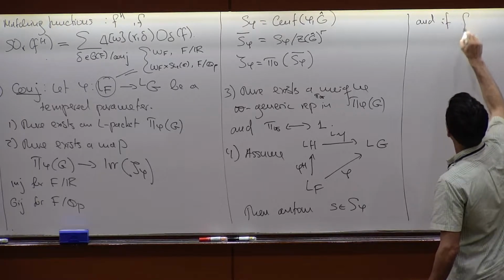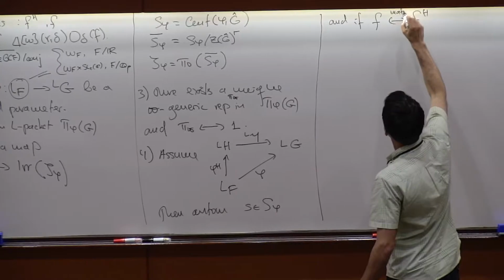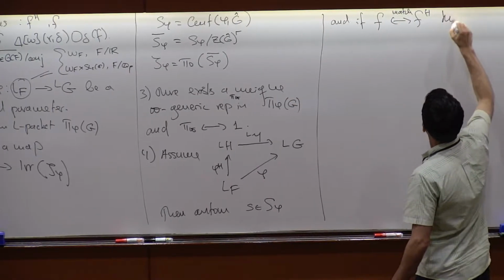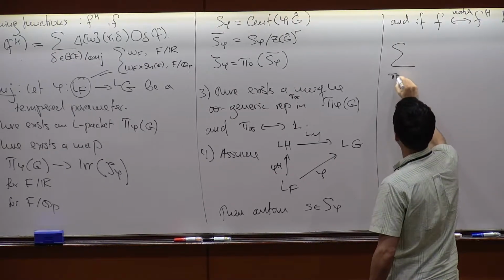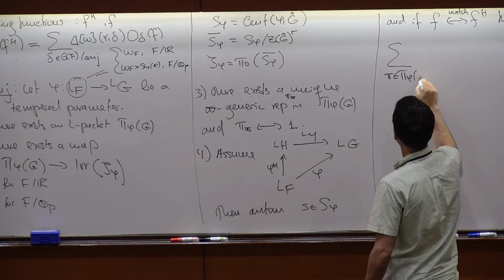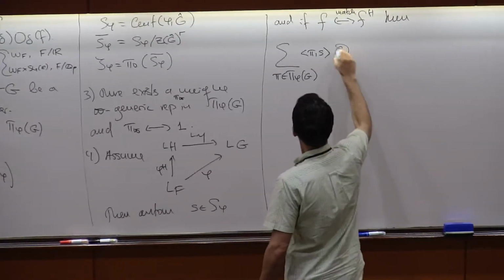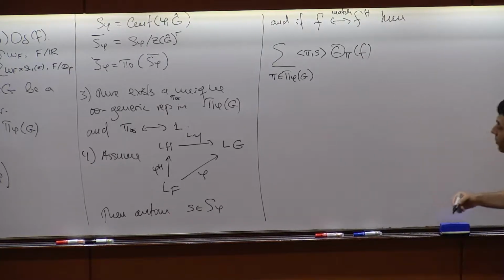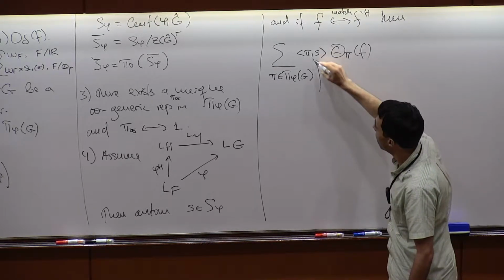And if F and F_H match, according to this definition up there, then the following character identity should hold. If I take the sum of the members of the packet here, this is the identity I wrote down last time, but now it can be explained more carefully what it means. What does this here mean?